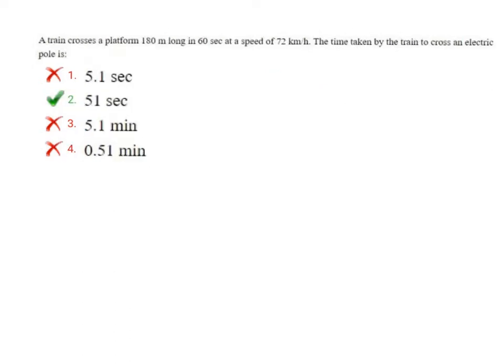Next, a train crosses a platform 180 meter long in 60 seconds at a speed of 72 km per hour. 72 km per hour, if you multiply by 5 by 18, it becomes 20 meter per second. Time taken by the train to cross an electric pole. Electric pole means it is crossing itself.